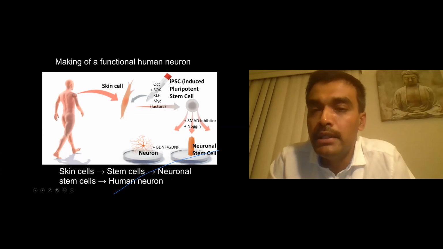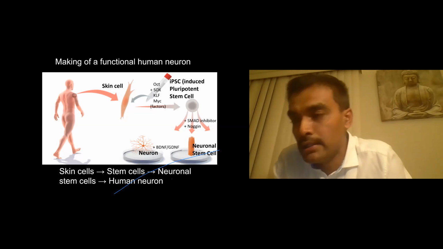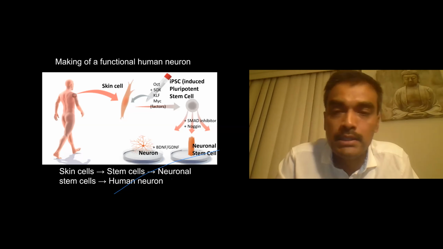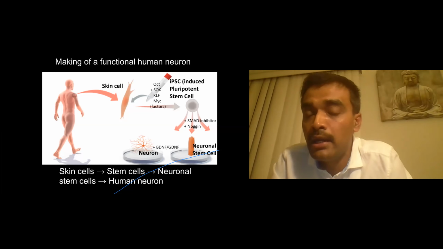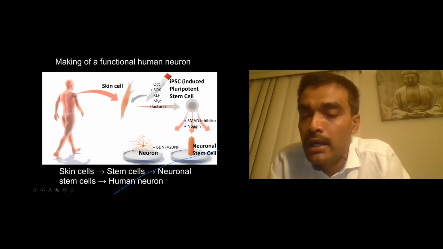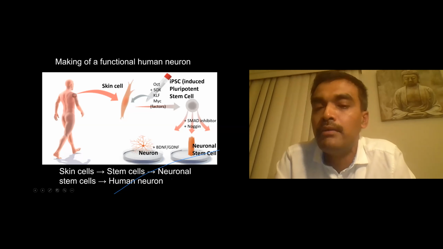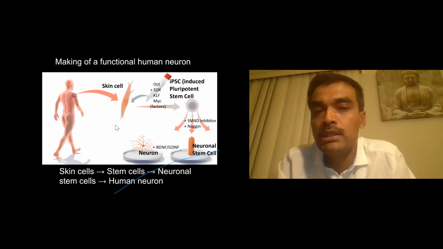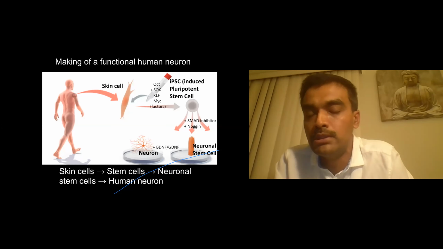If you want, you can make liver cells, kidney cells, and not just that, you can make neuronal stem cells. Neuronal stem cells are the precursor, and if you add certain factors to them, they will become adult functional human neuron. This entire process takes nearly 2 months. Within 60 days, if you give me some skin cells, I can make neuron out of it.